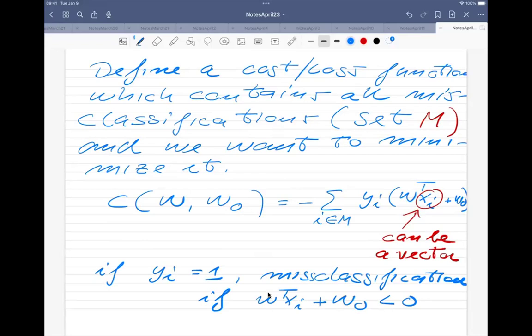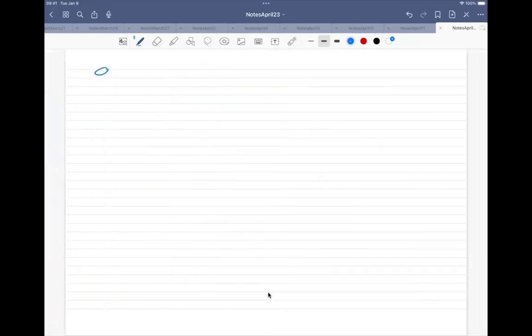So if we have a misclassification, that means that we get a negative value here. We have minus 1 here, so that means that we get a negative value, and a minus 1, so that gives us a positive value. Else, if we have a y equal to 1 case, then we have the opposite case.